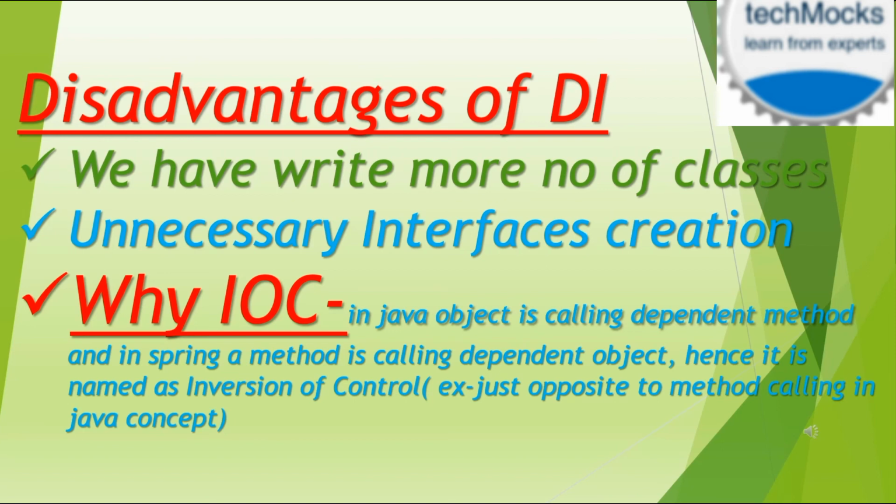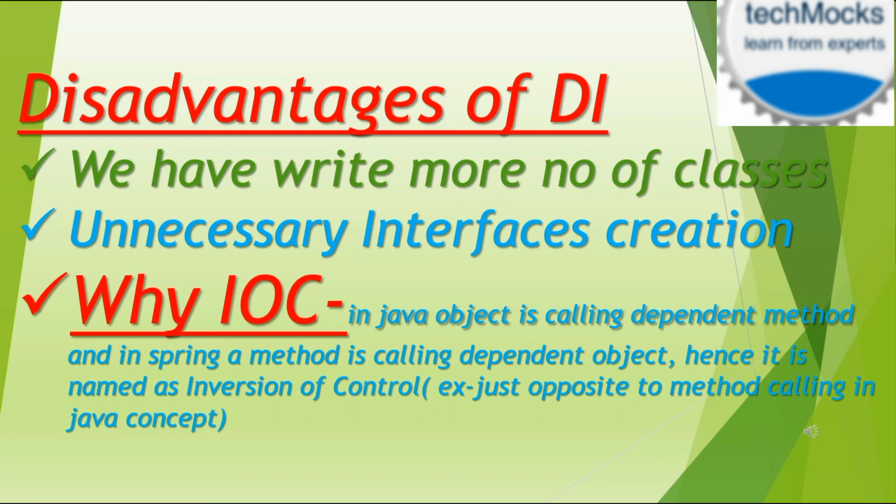Now we need to see why this design principle IOC is named inversion of control. If you look at the example explained by me in the earlier slide, in a normal Java way we would be calling the method by creating the object, meaning the object is calling the dependent method.